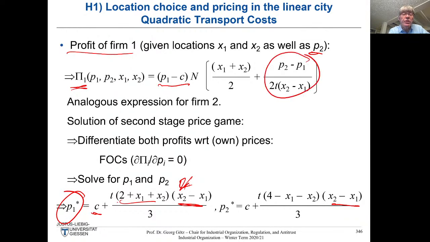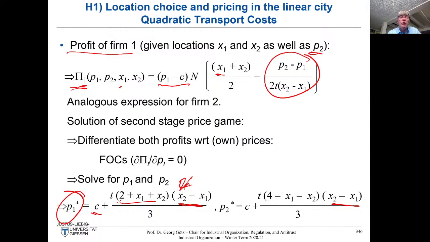And now what you see, if you're firm 1, you increase your profit by increasing x1. That means moving closer to your rival. And it always increases. So you would choose the same location as your rival, or at least say 1 epsilon to the left perhaps, but that's what you would do. That's what you see, and that's very important.